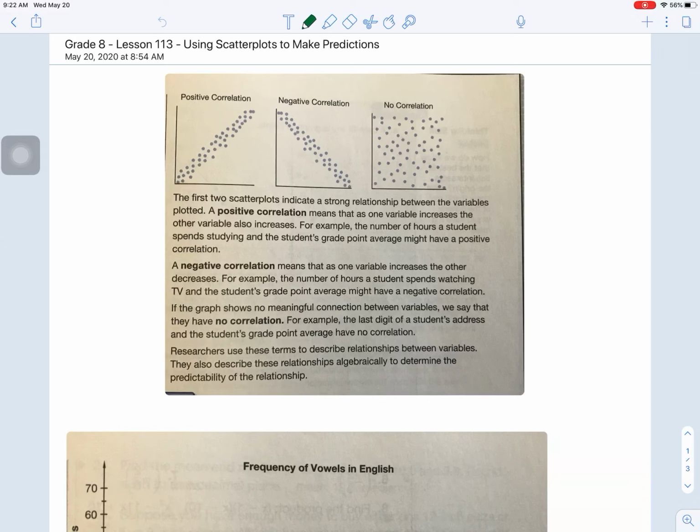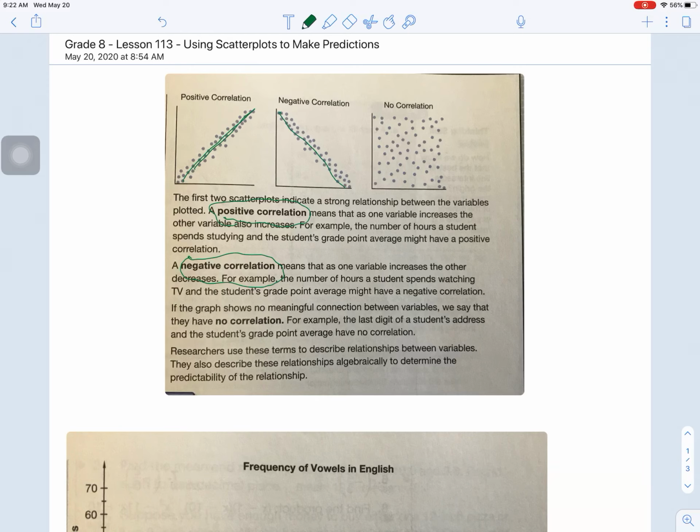And when we have some terms that they use, the term positive correlation has to do with an upward slope, a positive slope, and negative correlation deals with negative slope. So you can see that with a positive correlation, you can actually draw a line through it. It makes sense.